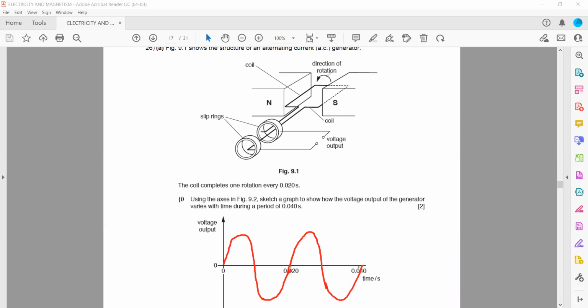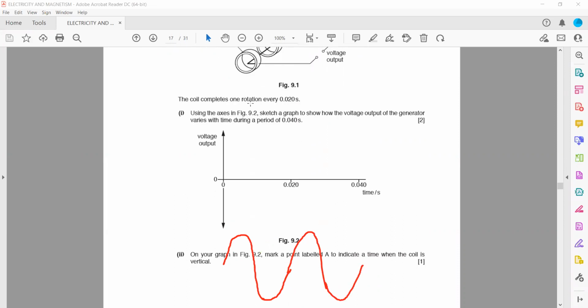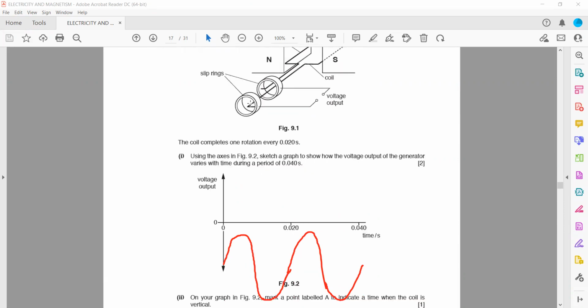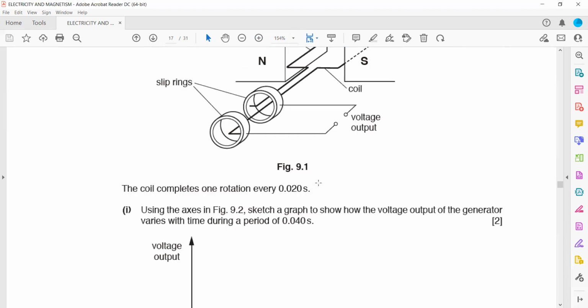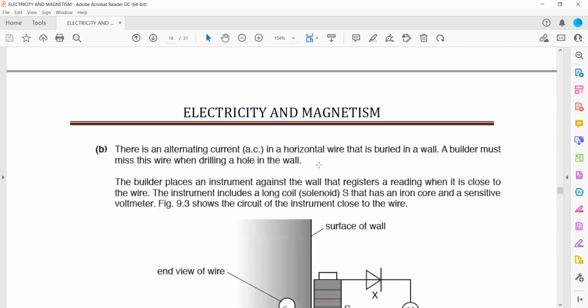And the next part, we have to label with the letter A when the coil is vertical. When the coil is exactly vertical, the induced EMF will be 0. So we can mark here, or anywhere where the induced EMF is 0. So it's important to check the time period of the rotation to answer this question.